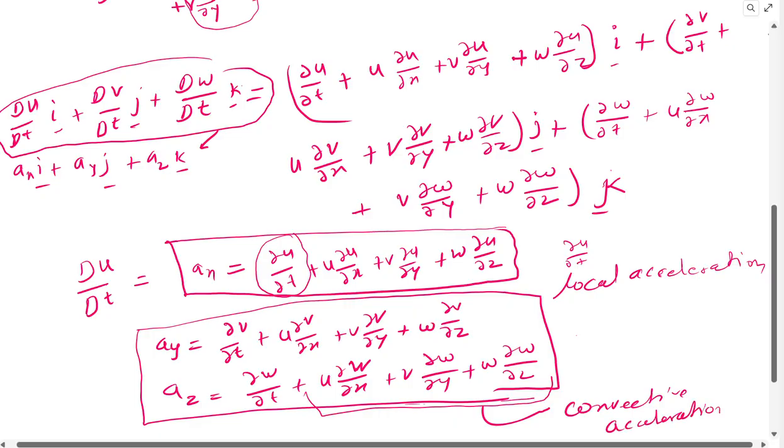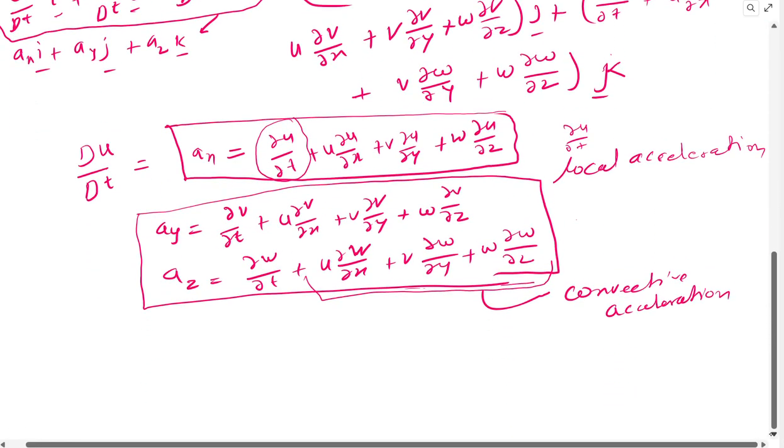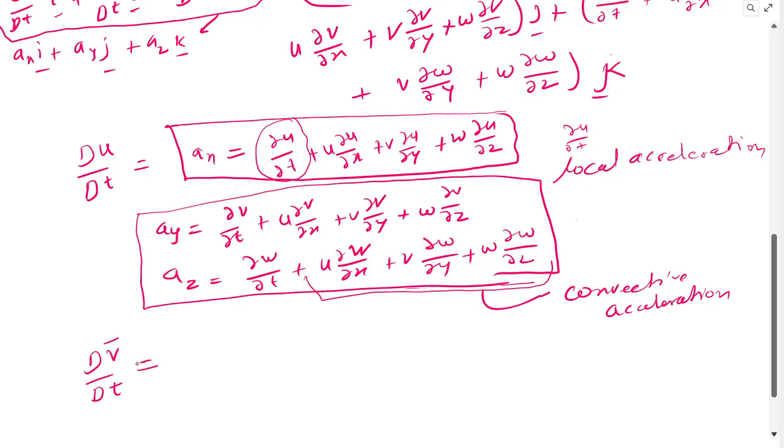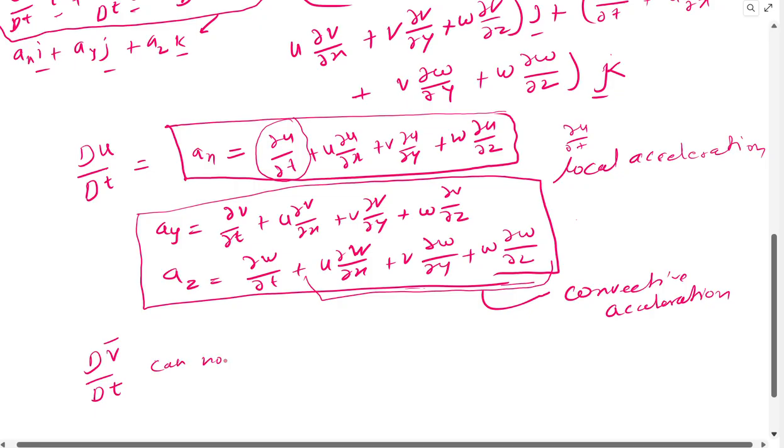Even if the flow is steady, this term may be zero or may not be zero. It can be zero or non-zero.